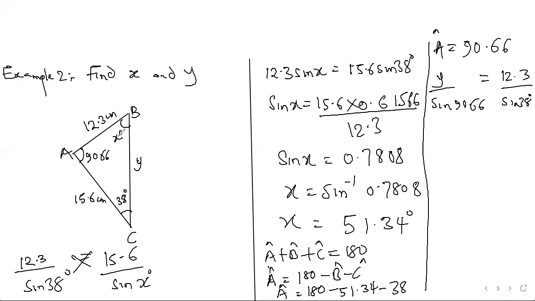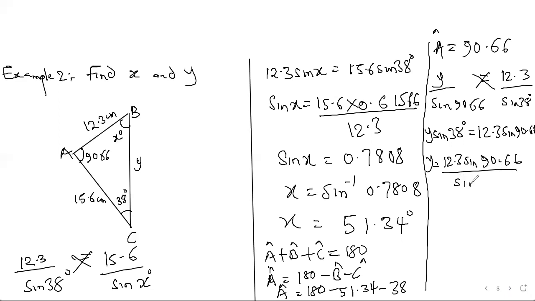I can use x and 15.62 if I want because I know x now. If you cross multiply, then you have y sine 38 equals 12.3 sine 90.66. So y will be 12.3 sine 90.66 divided by sine 38.